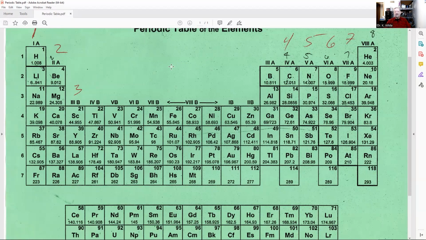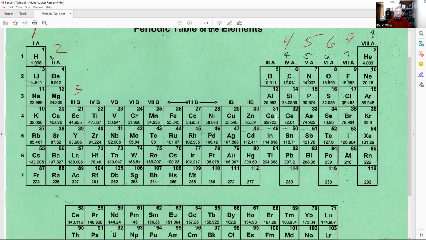Ooh, one of my favorites, carbon. And carbon, you should know, has the chemical symbol C, and it has what atomic number? 6. And that means it has 6 electrons, 6 protons. The atomic number equals number of electrons and protons.